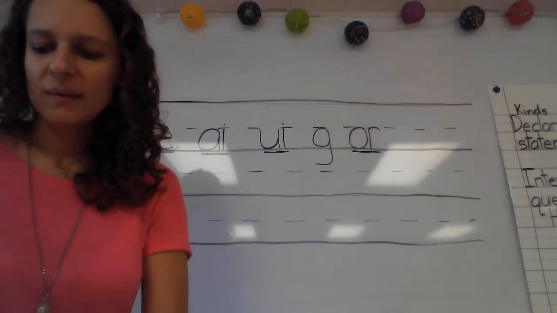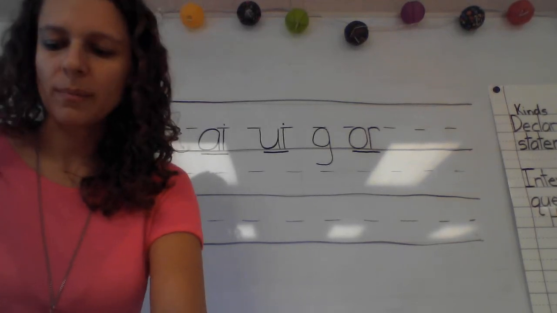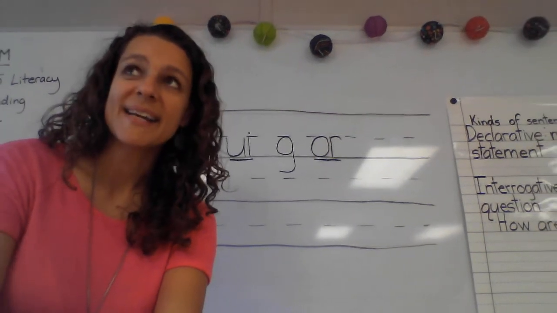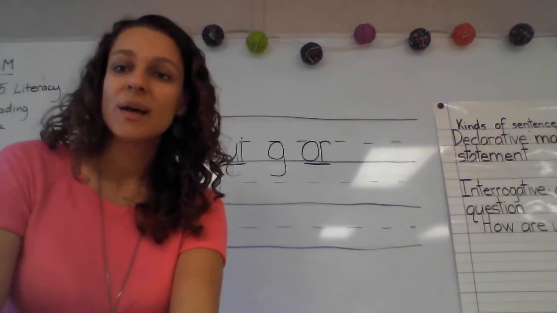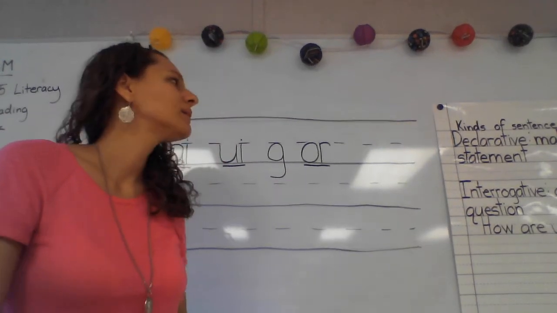All right. Ooh, this next one seems to be a little tricky. Let's see if you remember it. Ooh, or. What are you going to write? Good. Ooh, or. All right, write it and say it while you write it.